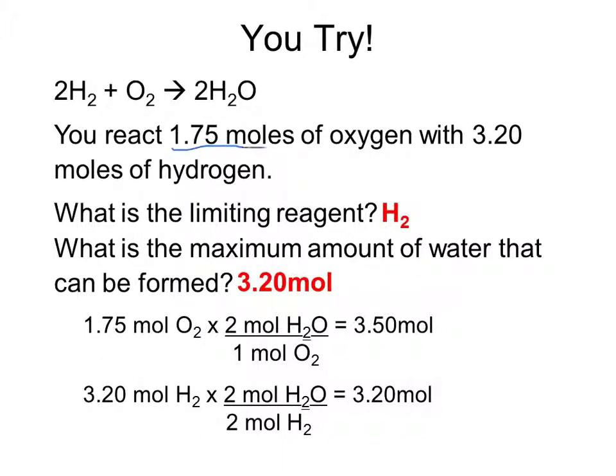My first equation is I have 1.75 moles of oxygen. Again, I assume I have enough hydrogen to react with all of the oxygen that I'm given, right? So I set up my equation. Here's the equation here. I'm given 1.75 moles of oxygen. I know from my balanced equation, this ratio, that there are 2 moles of water for every 1 mole of oxygen.